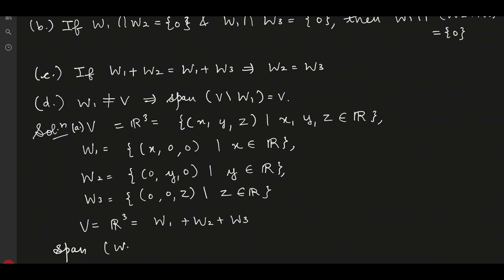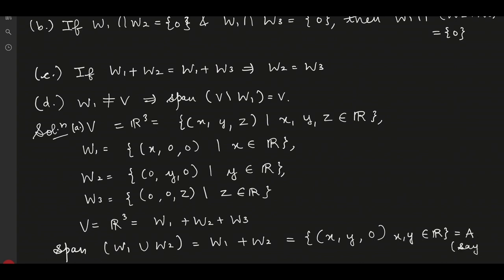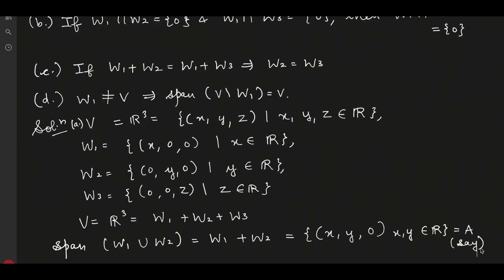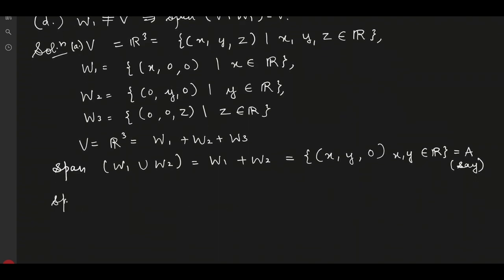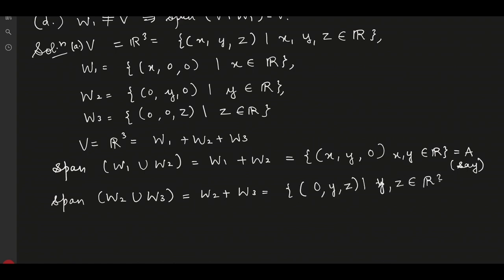Spanning of W1 union W2 will be W1 plus W2, means (x, y, 0) where x, y belong to R, and letting this as A. Spanning of W2 union W3. Lastly, spanning of W3 union W1.